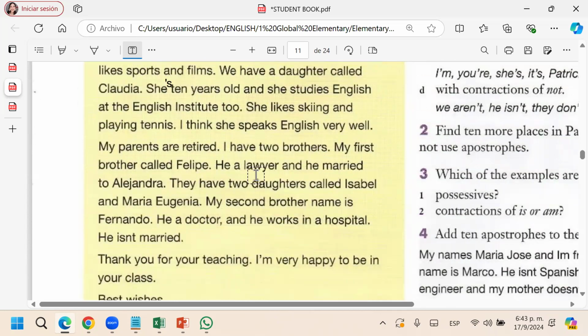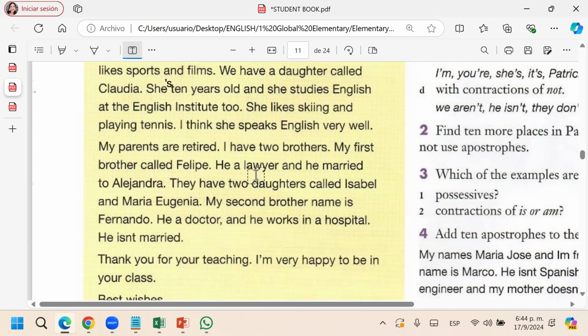Jose, my parents are retired. My parents are retired. I have two brothers. My first brother called Felipe. He a lawyer and he married to Alejandra. Yeah, the mistakes.